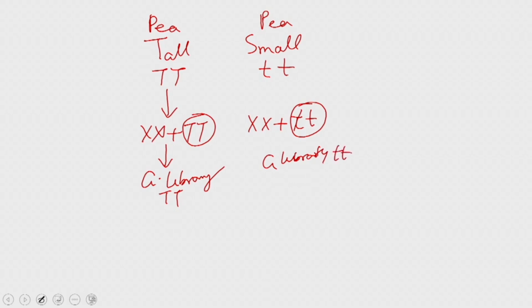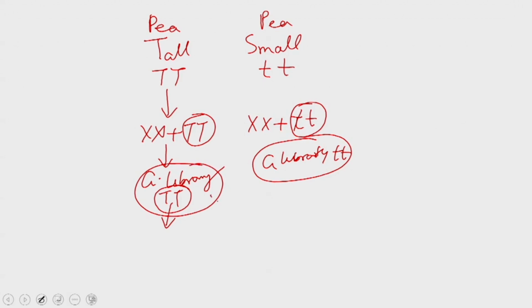Now, you have to look for this particular gene in this library, and that will be absent from the other library. So, you have to do a subtractive analysis, and that will give you a gene which is TT, and that is the gene which is responsible for tallness in the pea plant.